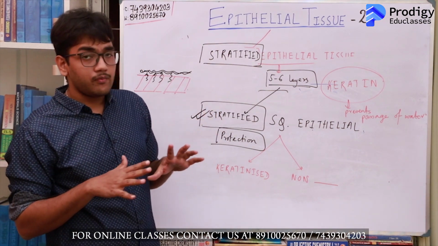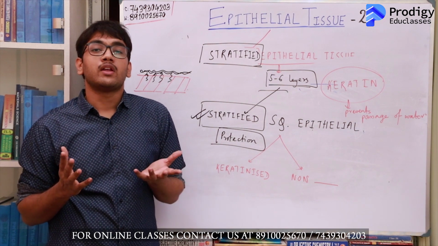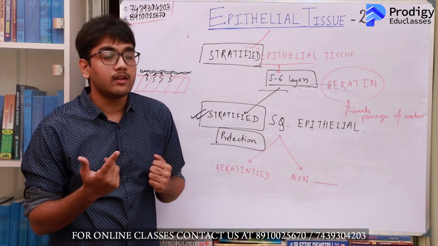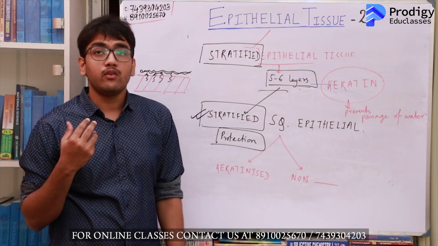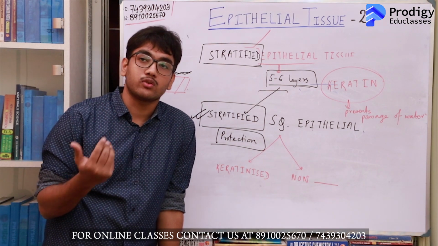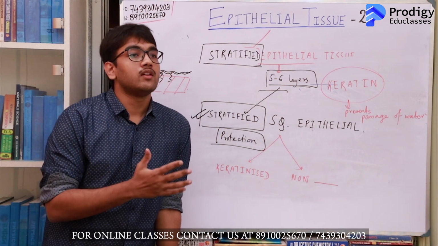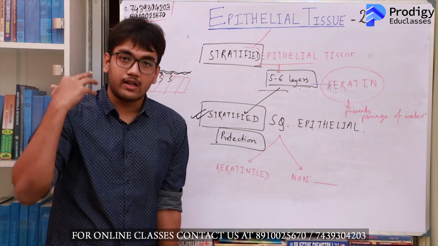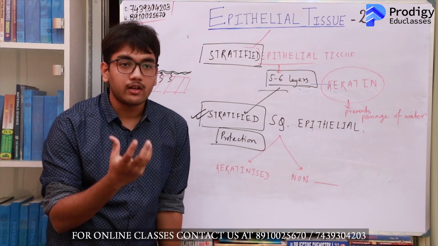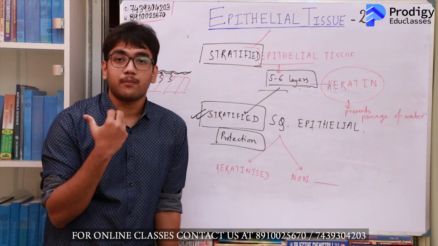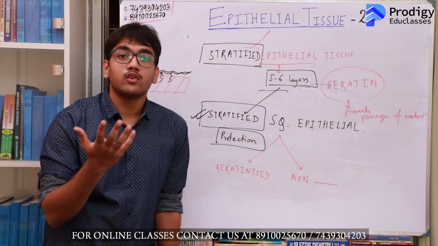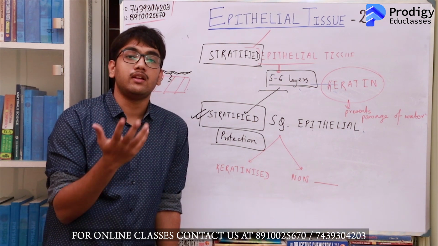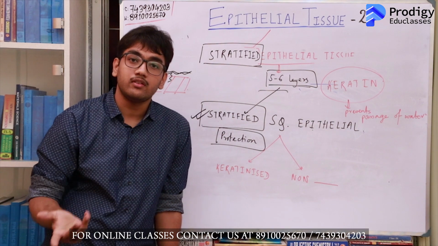Okay, so now if you analyze epithelial tissue, and if I tell you, say, thyroid gland, then automatically you see that it is a gland, so it will take part in secretion. So you will find simple cuboidal epithelial tissue because it is responsible for secretion.